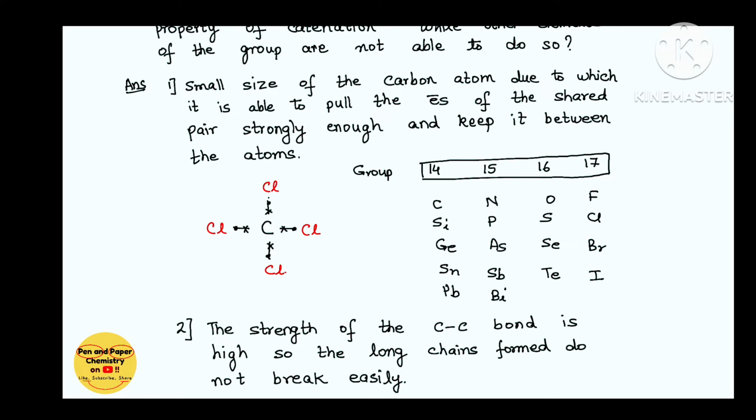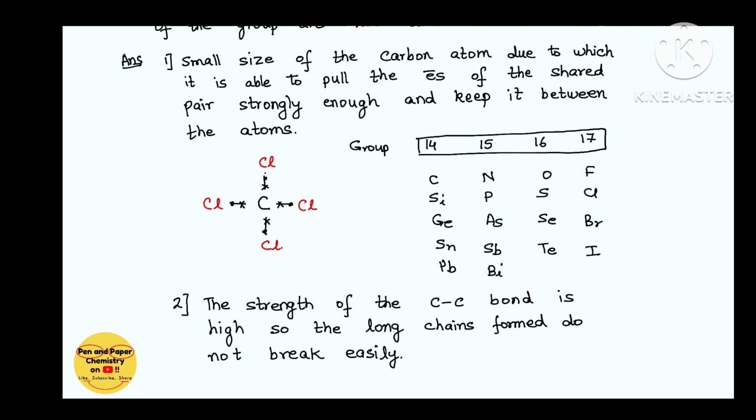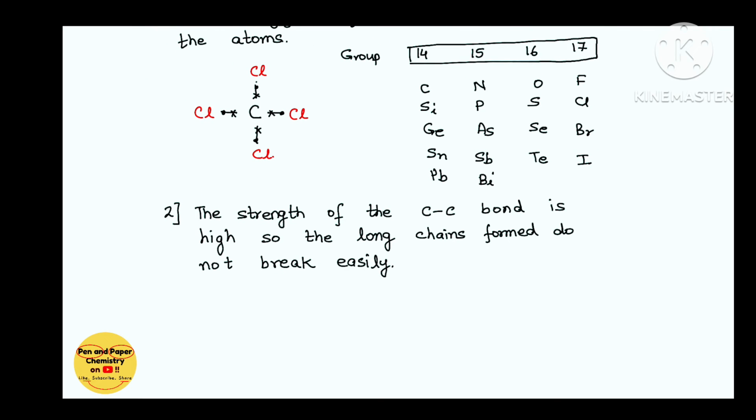The second reason which explains why carbon is able to show the property of catenation is the strength of the carbon-carbon bond. So here we have spoken about carbon being able to hold the electrons in the bonds between the two atoms involved in sharing of electrons. Second is the strength.